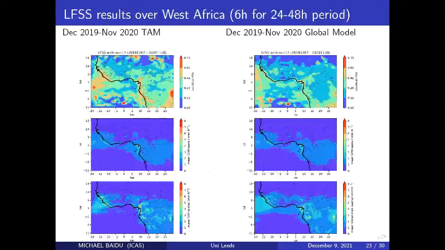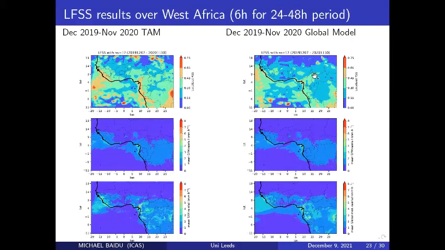So now straight to the results. The top one is what we call the localized fractional scale score, which is basically the fractional scale score variation over space. The middle one is the observed GPM, and here is the mean rainfall associated with the Tropical African model.